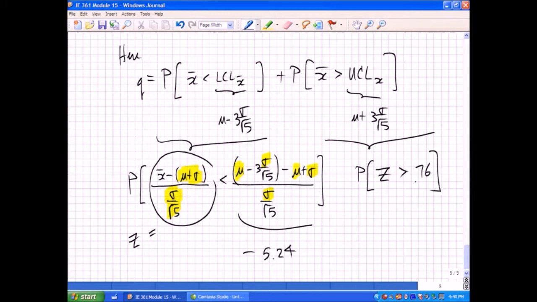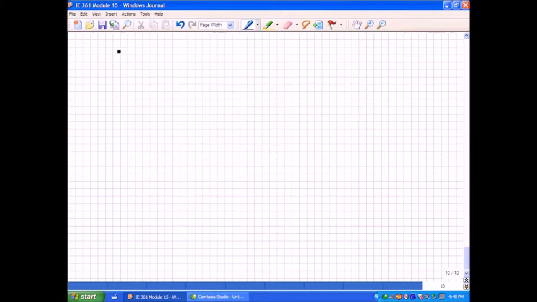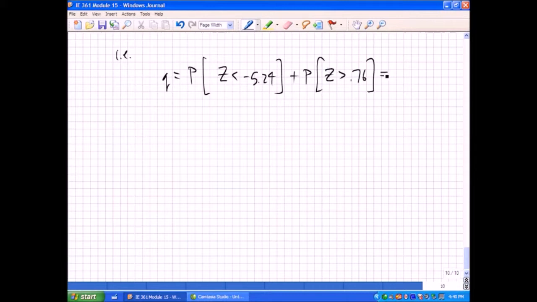And so what I want finally here for my value of little q is a probability that a standard normal variable is less than minus 5.24 plus the probability that a standard normal variable is bigger than 0.76, and that turns out to be 0.2236.